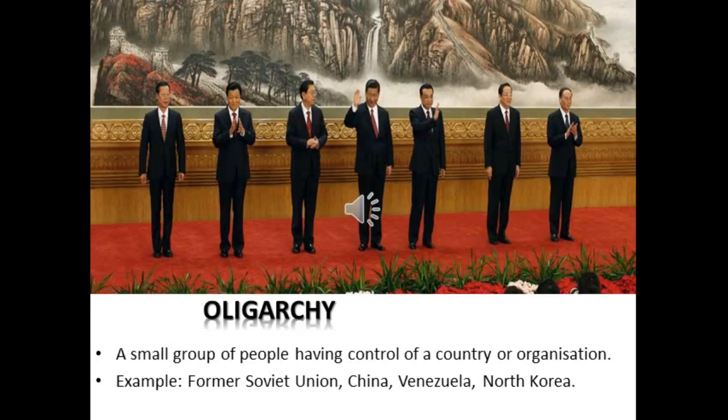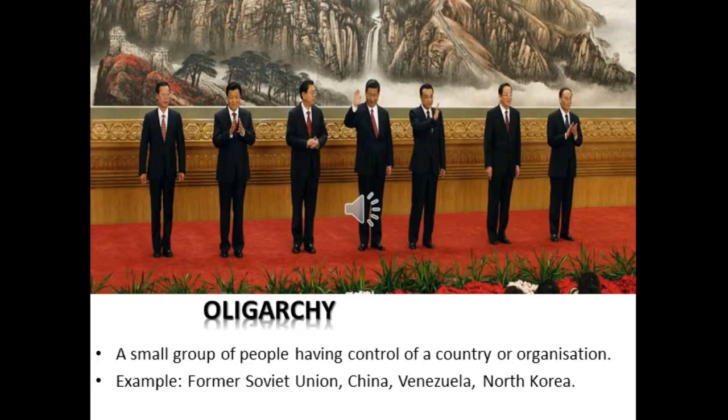In that communism type of government, the party members elect their party leader, and that party leader will become the ruler of the country. The party leader is elected only by a group of people, among them only.